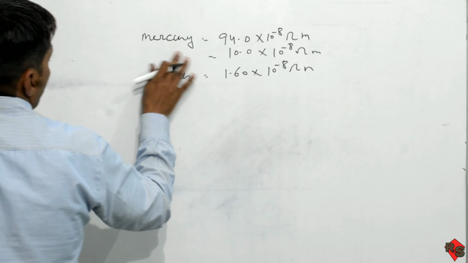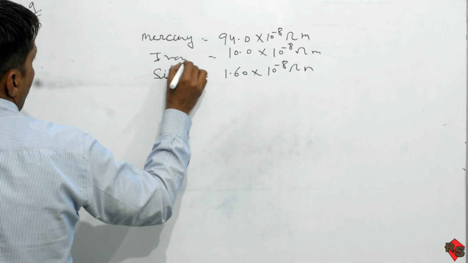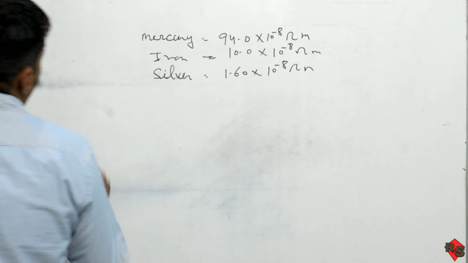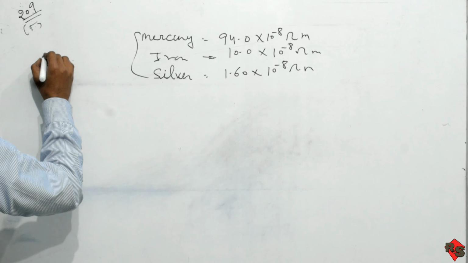This is iron and this is mercury. Here is the resistivity.